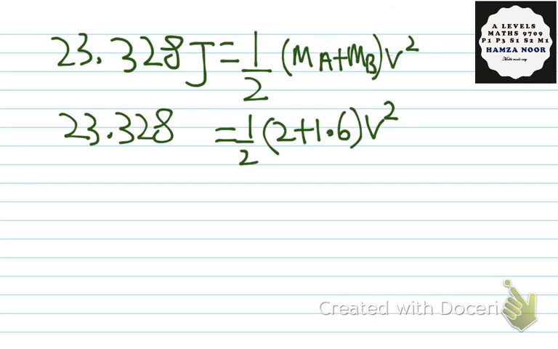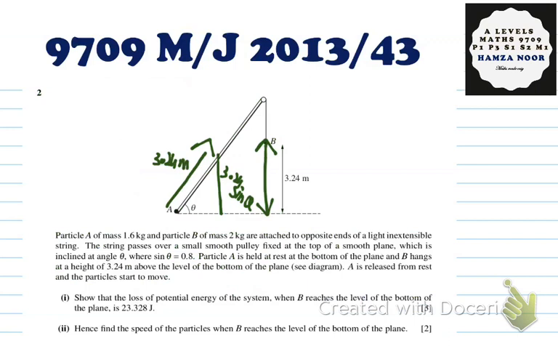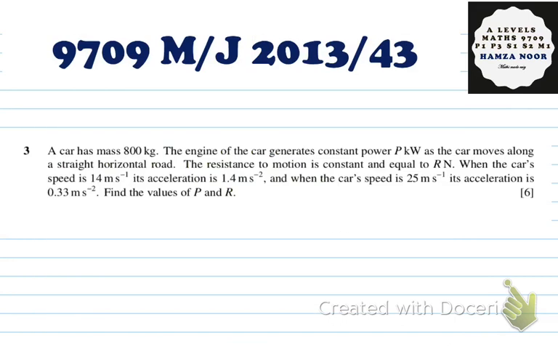Now you can easily calculate the speed. V squared is equal to 23.328 multiplied by 2 divided by 3.6, which is 12.96, and V is equal to 3.6 meters per second. So 3.6 meters per second is the speed of the particles when B reaches the level of the bottom of the plane.